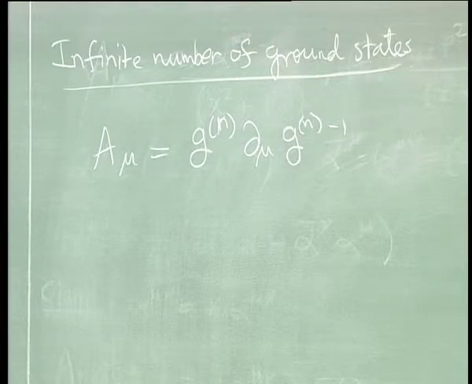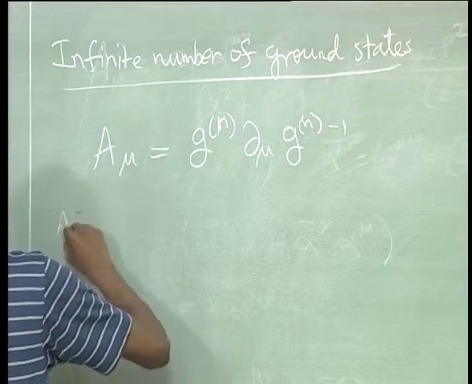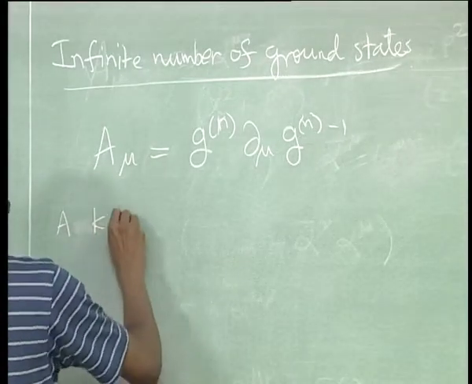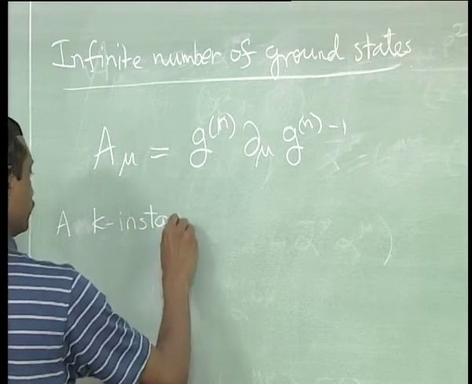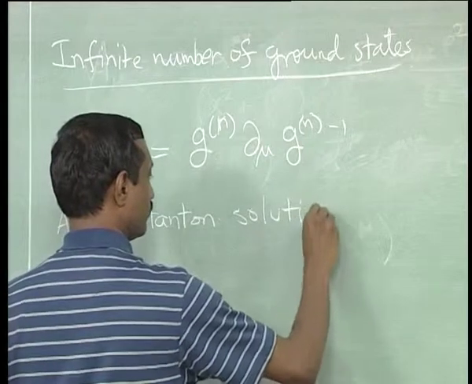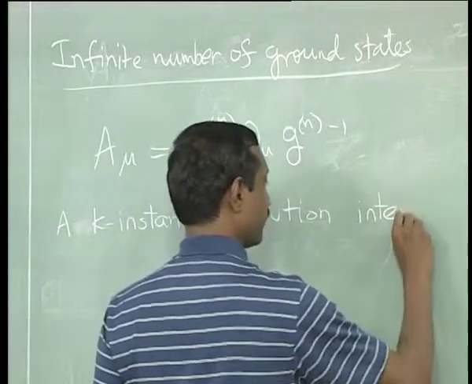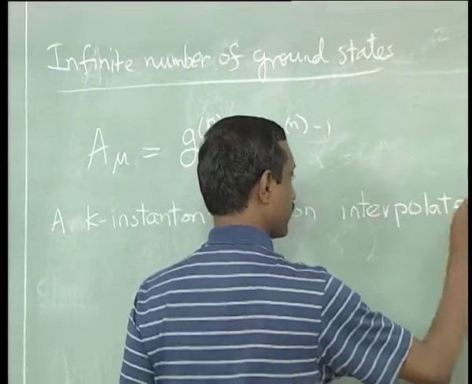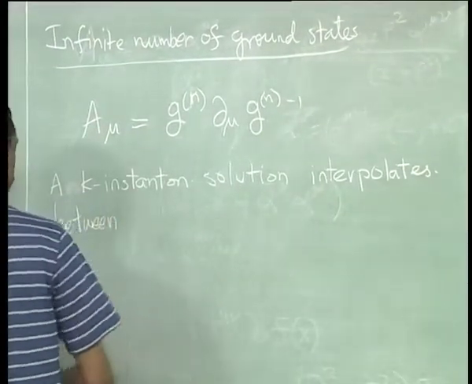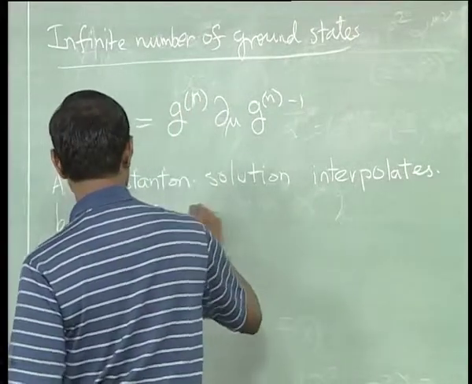And so the instantons which we constructed, you can think of them as follows: a k instanton solution interpolates between ground state n and n plus k.